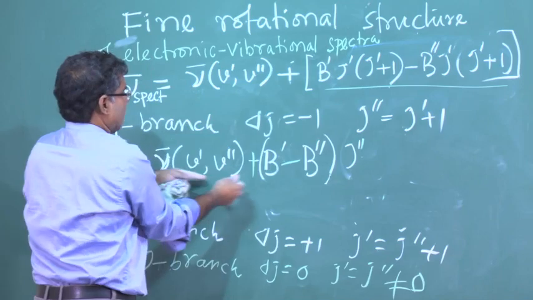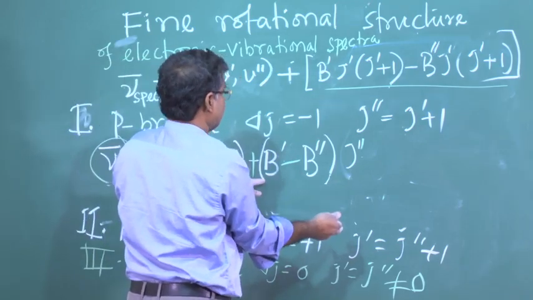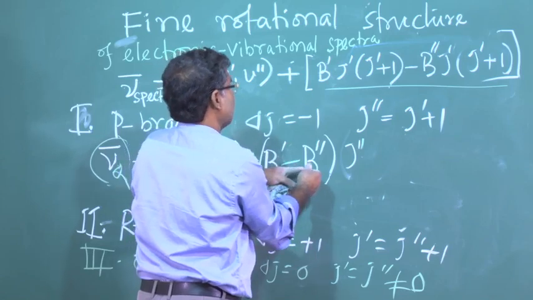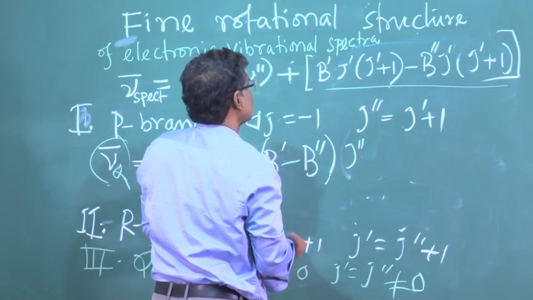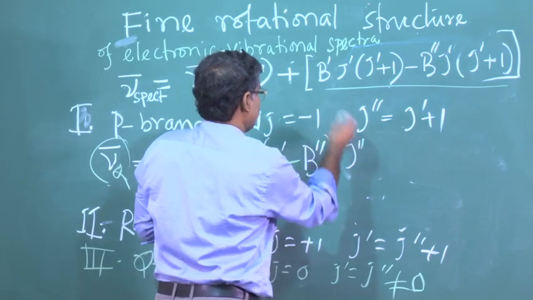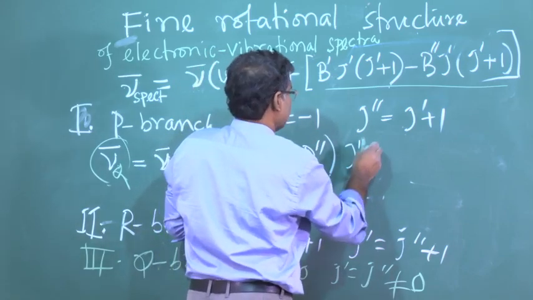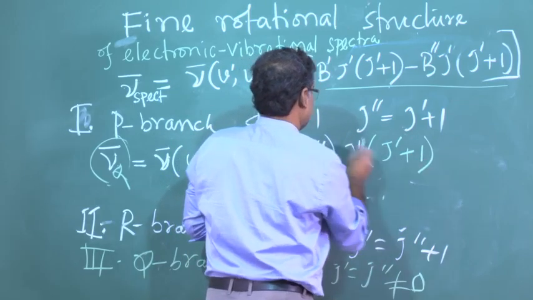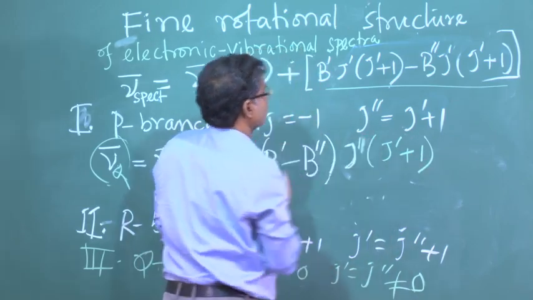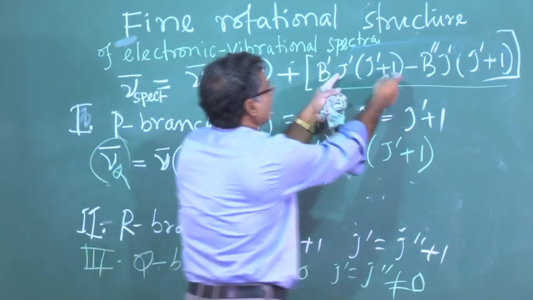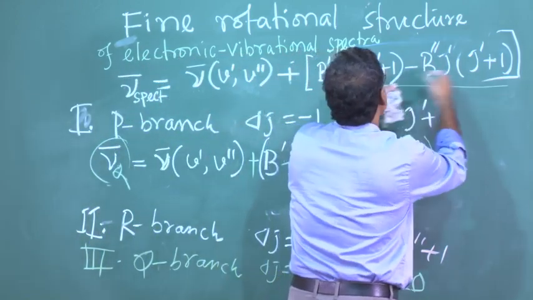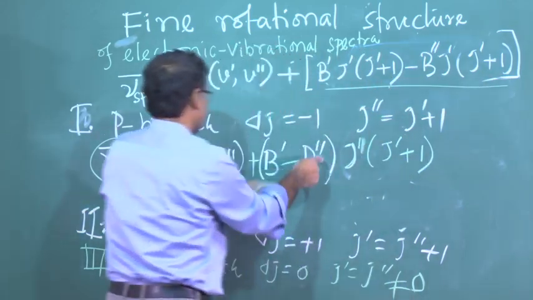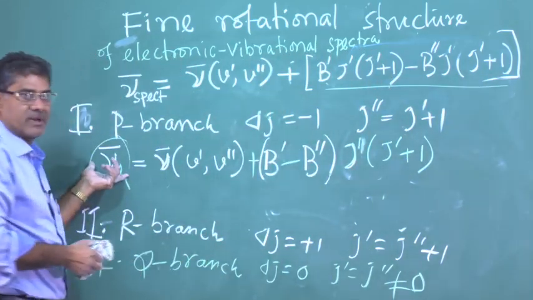So, I will get B dash minus B double dash, and J dash plus 1; we have to take common J dash plus 1. So, it will be B dash minus B double dash. So, that will be nu Q.